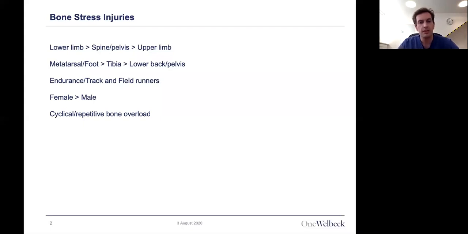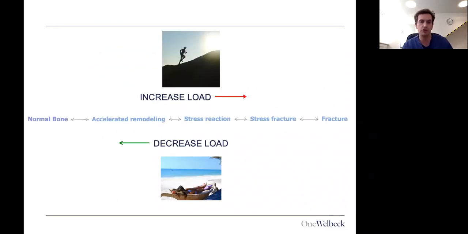So the ultimate crux of the situation is that what we're seeing is cyclical repetitive overload of the bone, and that is what's causing the main problem. And this is a graph or drawing that I tend to draw for most of the patients with a stress fracture or stress reaction. What I tend to say is that bone exists on a continuum. At one end of the spectrum, we've got completely normal bone. At the other end, we've got a fracture.